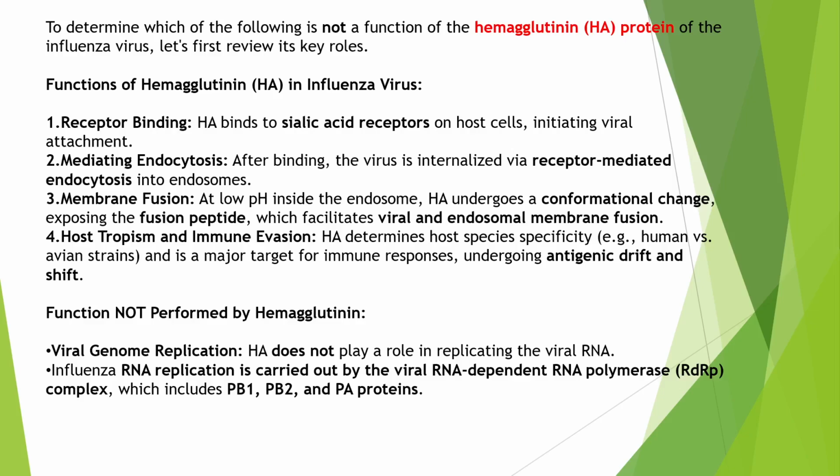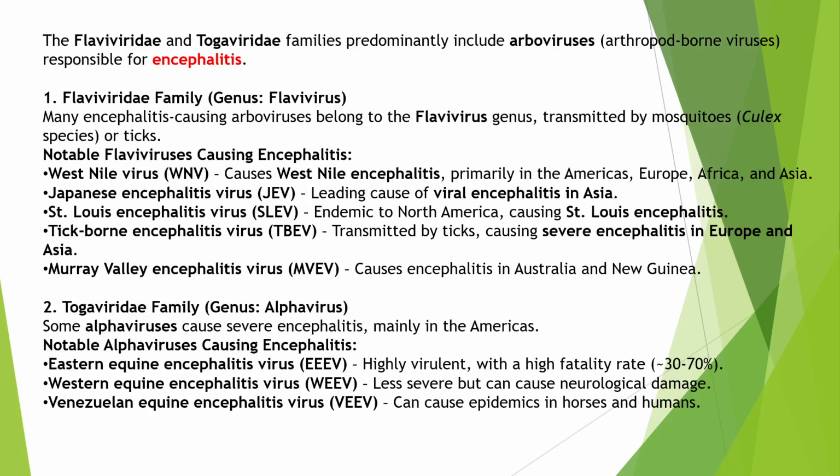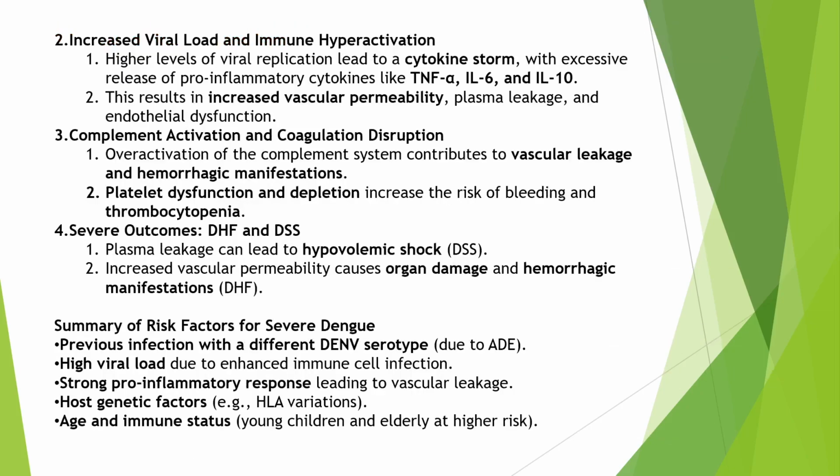The next is to determine which of the following is not a function of hemagglutinin protein of the influenza virus. So we discussed the hemagglutinin protein of the influenza virus, which helps in the endosome, the pH, right?